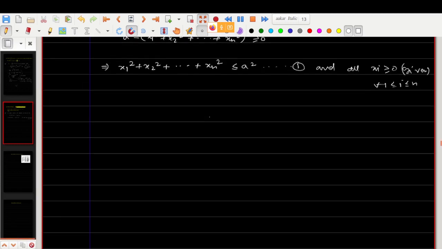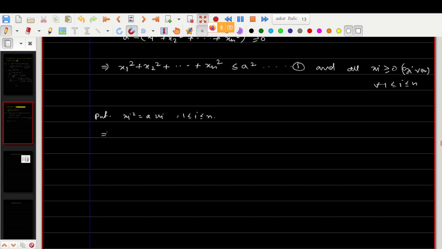So for that, put xi square equals a ui, and this is for every i, right?